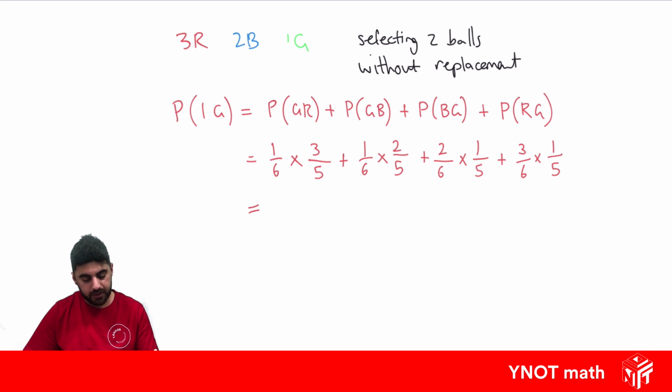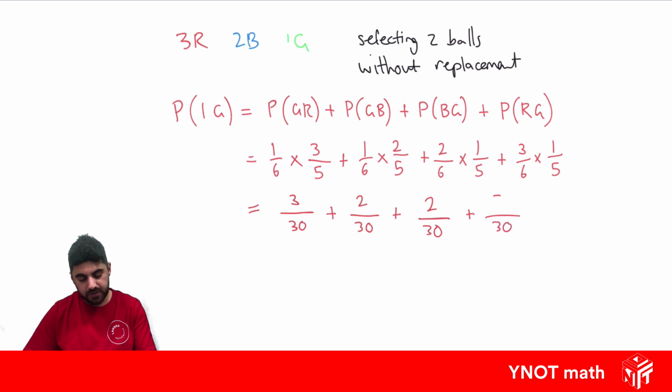So let's multiply our numerators and denominators. So 6 times 5 is 30, 1 times 3 is 3, 6 times 5 is 30, 1 times 2 is 2, 6 times 5 is 30, 2 times 1 is 2, 6 times 5 is 30, 3 times 1 is 3. They all have the same denominator, so we can just add the numerators. So 3 plus 2 plus 2 plus 3 is going to give us 10.